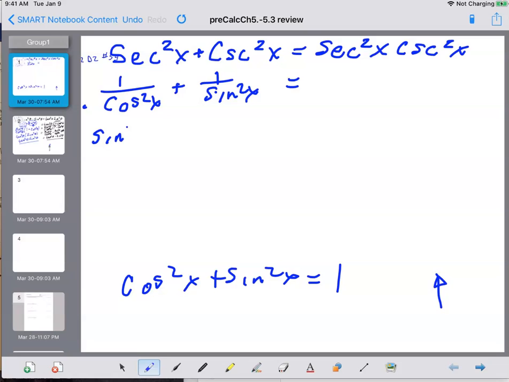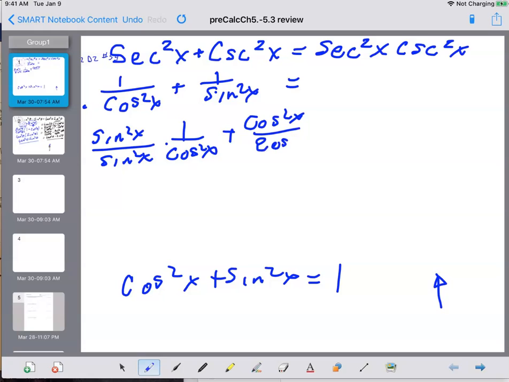So I'm going to go sine squared x all over sine squared x times 1 over cosine squared x plus cosine squared x over cosine squared x times 1 over sine squared x. Okay, so all I did was multiply by a form of 1 here and here.